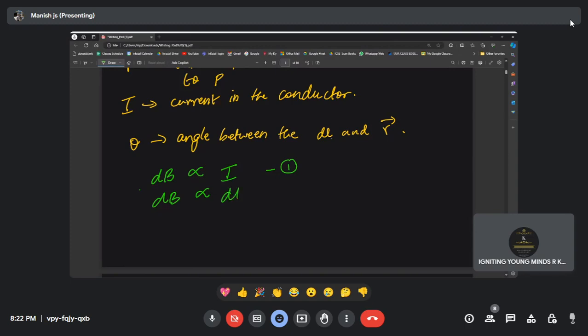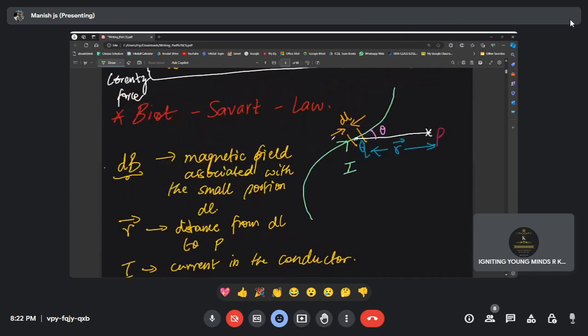Third, the magnetic field is also proportional to the sine of the angle theta, sin theta. And finally, the magnetic field strength is inversely proportional to the square of the distance, so 1 upon r square. We will call this relation 4. So these are the relations that we are basically using.